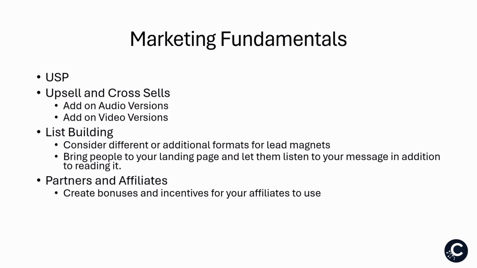It's a good way of being a good partner to your affiliates by giving them an extra bonus that they can use. Now, most affiliates will come up with their own bonuses to promote your product, but if you know they're promoting, you can give some of your best affiliates the opportunity to use an audio version of what it is that you are selling. Again, all you're trying to do is create multiple formats that you can use inside of your business.